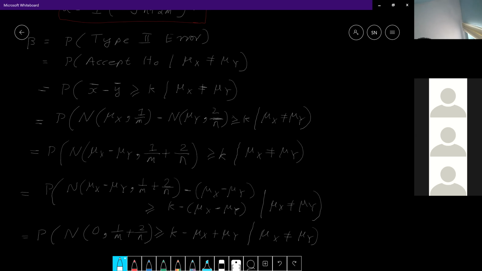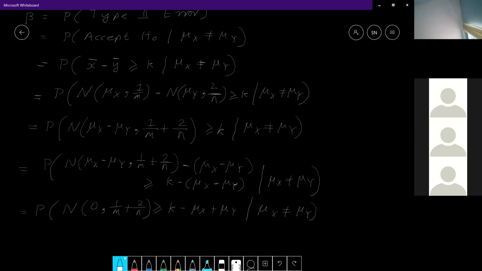And in the next line, I'm going to divide by the standard deviation, which is the square root of the variance, right? So I will divide both sides.